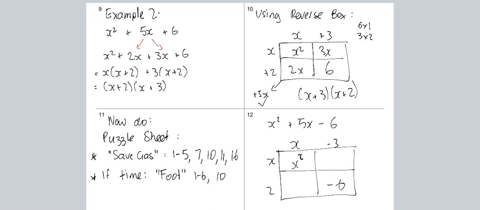So it could be either minus 3 or positive 2, or it could be minus 2 and positive 3, or it could be positive 6 and minus 1, or it could be minus 6 and positive 1. So there's actually 4 options there, and you'd have to work out the combinations in order to work out the right combo.